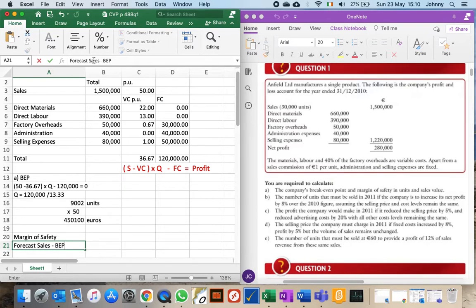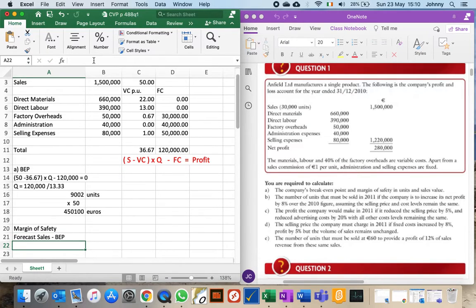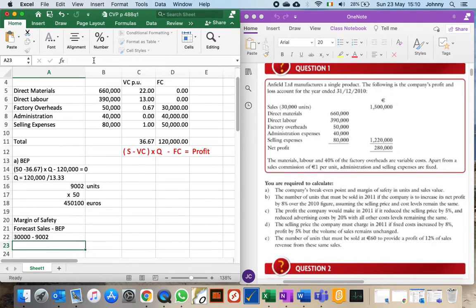Start off in units terms, and then we'll turn it into money. So the forecast sales is 30,000, and our break-even point is 9,002. Okay, so that gives us, and this is going to be in units.